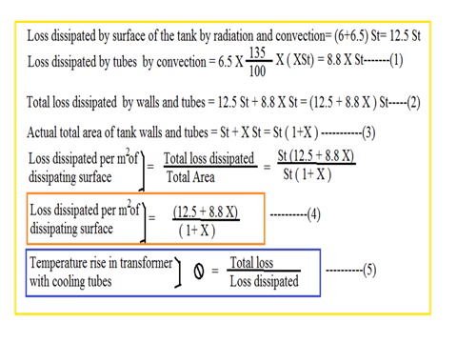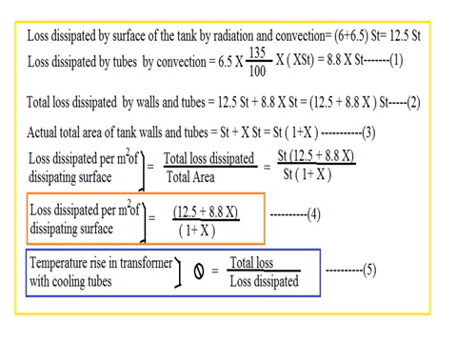Actual total area of tank walls and tubes: we assume that St is the area of the tank and the actual area of the tubes is x times St. Then you get equation 3.